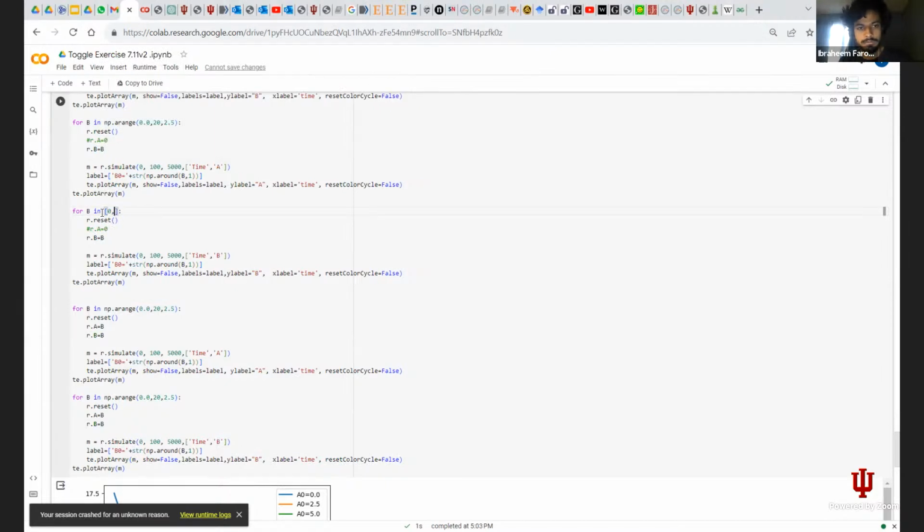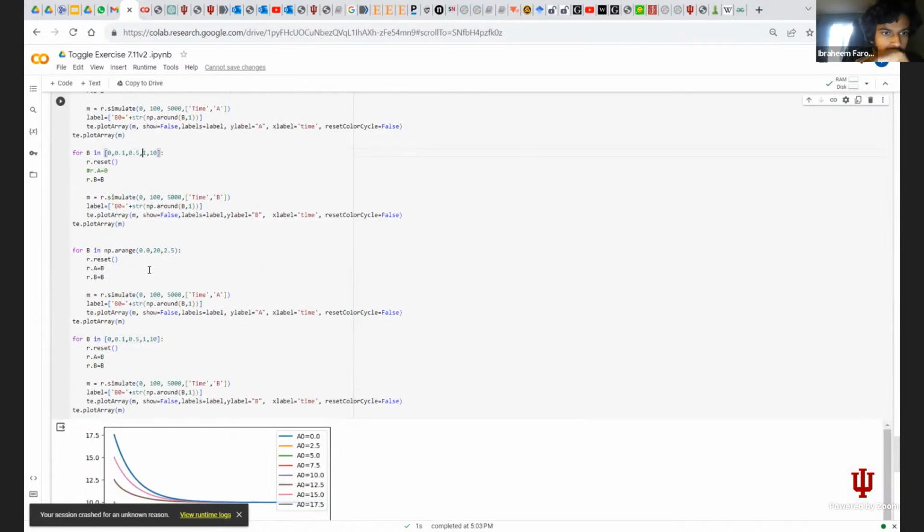I think they were 0, 0.1, 0.5, 1, and 10. The labels will be wrong, but that doesn't matter, I guess. Let me just put this in a new cell.